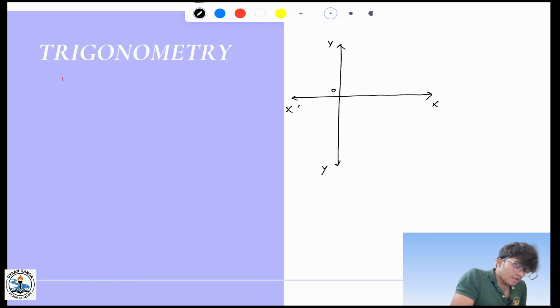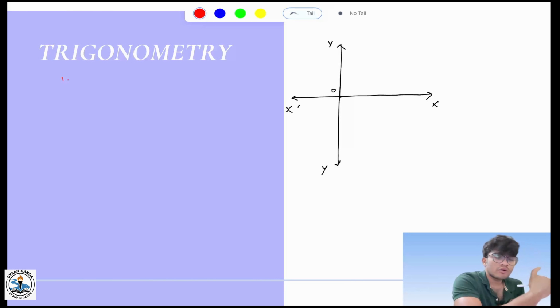This ray goes from 0 all the way to infinity, and this OX dash ray goes from 0 to minus infinity.